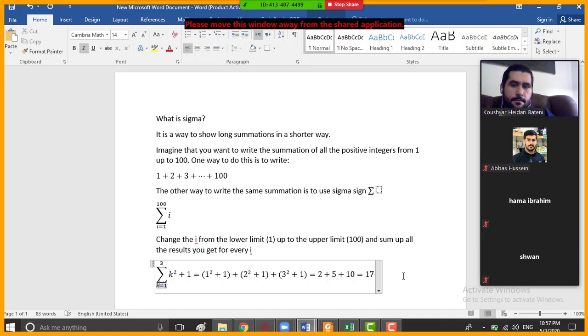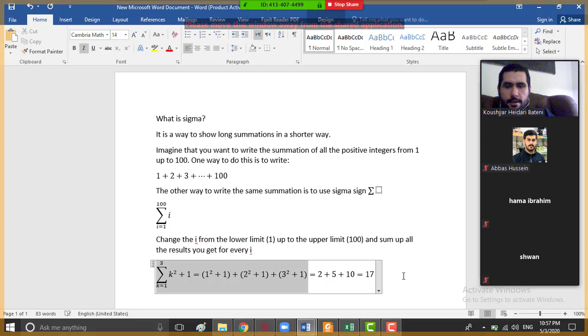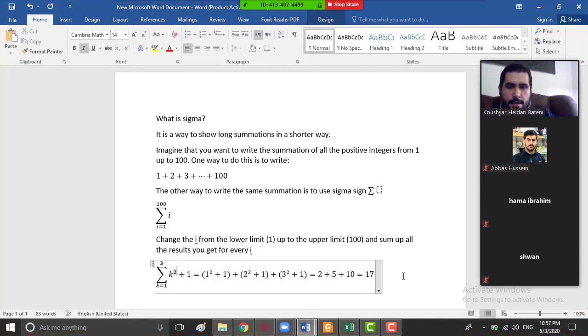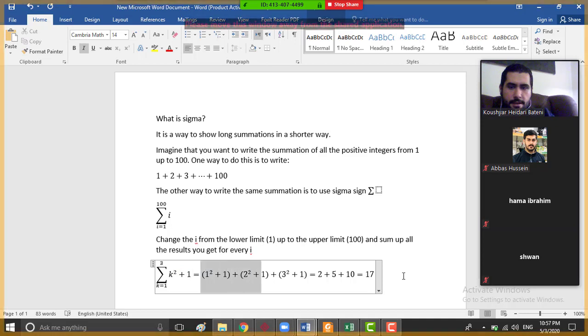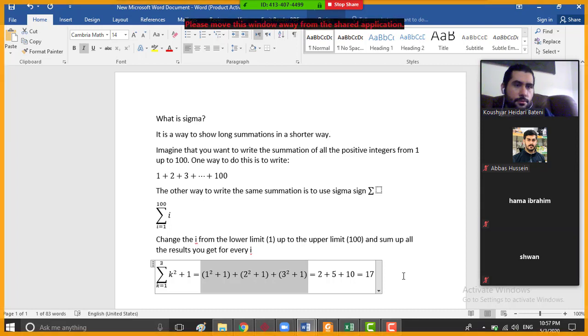Here you see that instead of this lengthy term, which was very boring to write, we used a sigma, and this sigma has the same meaning.